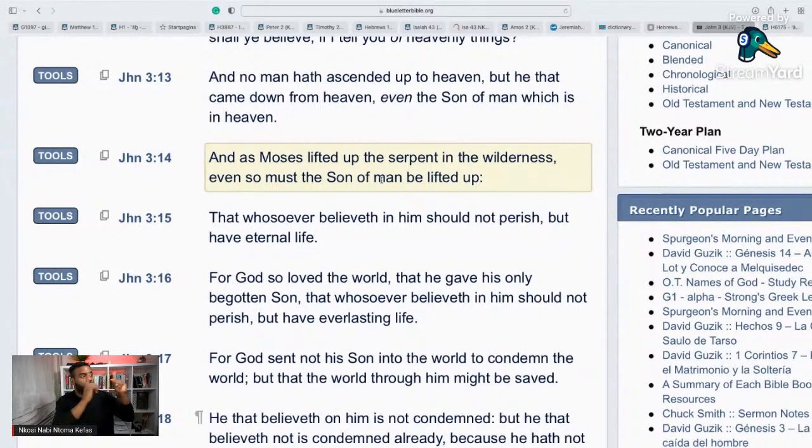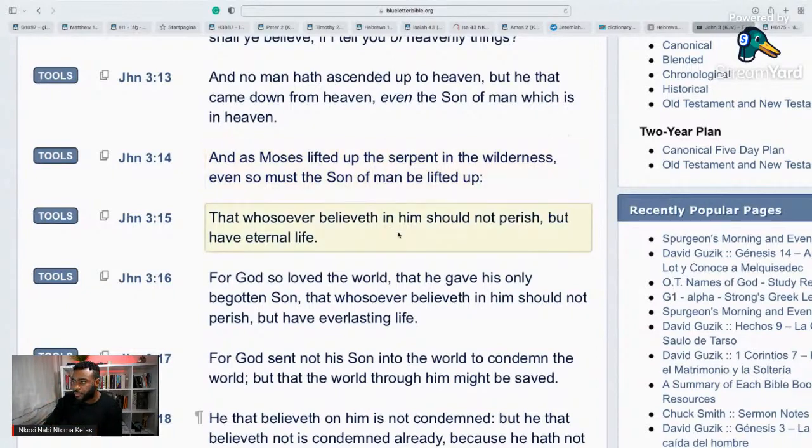As they looked upon the serpent in the desert and believed in the word that Moses spoke, whosoever shall believe in me, as that serpent who's being lifted up today, shall be saved. My goodness. So my question is, and then you get to the Christian gun, right? John 3:16, for God so loved the world.